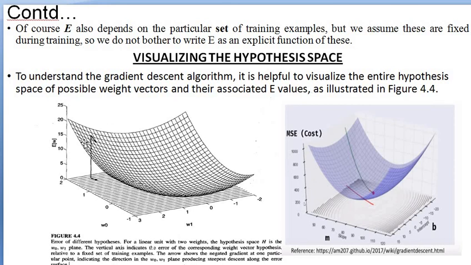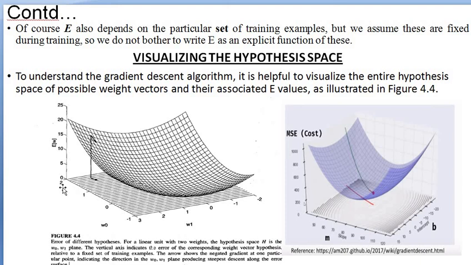So, this is the actual view of the gradient descent algorithm in a 3-dimensional plane. Here E(W) is the error, and we have taken two weights, W0 and W1. The vertical axis indicates the error, and the horizontal axis indicates the W0 value.